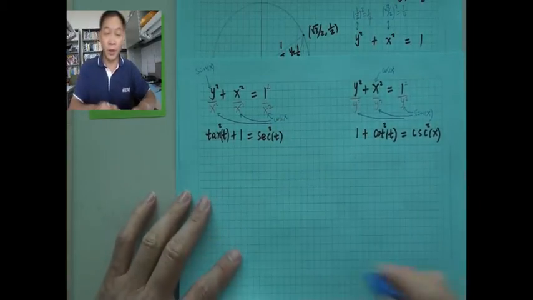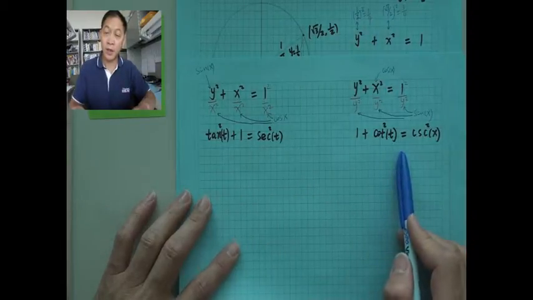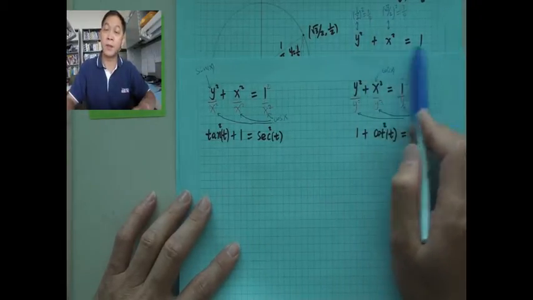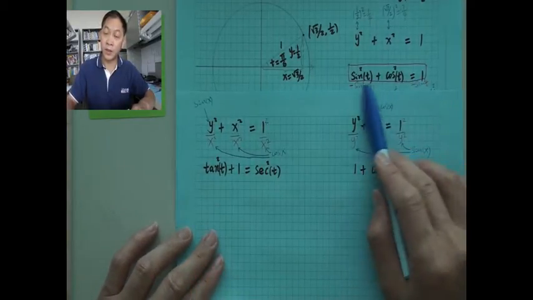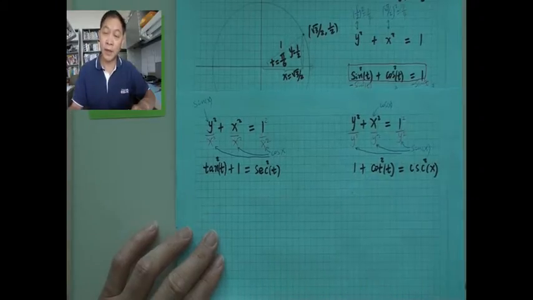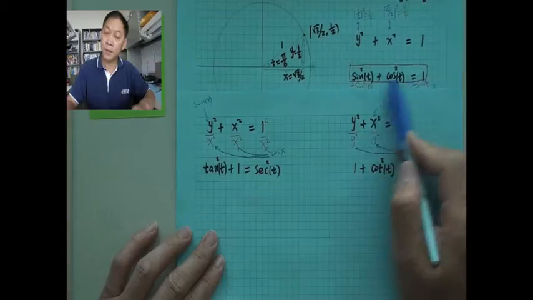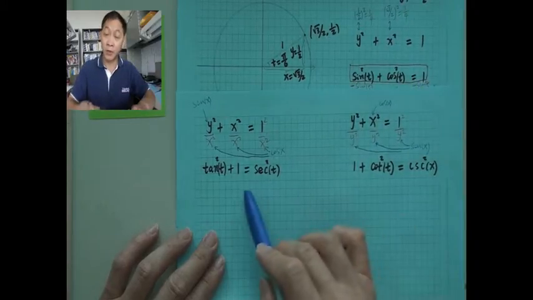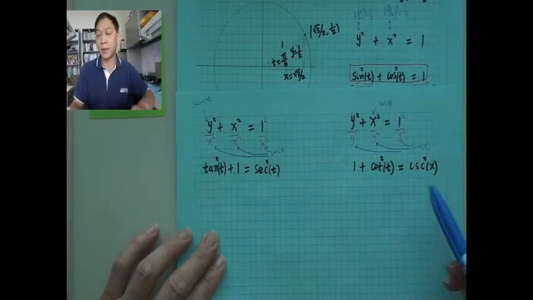So these two identities are actually from the same one. This one is actually the basic one. From here you can find out another two. So I suggest just to remember this one. You may not remember those two, but you can derive them yourself.